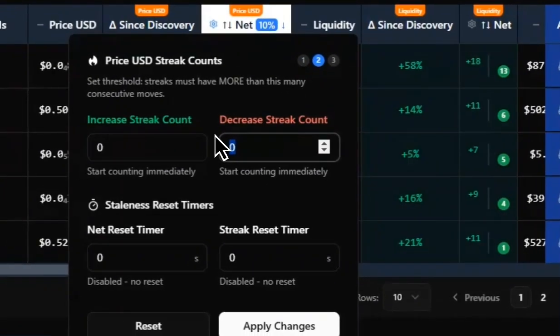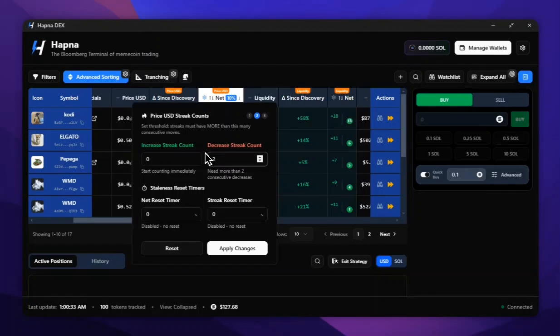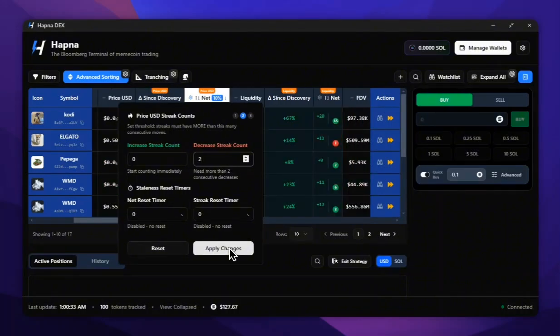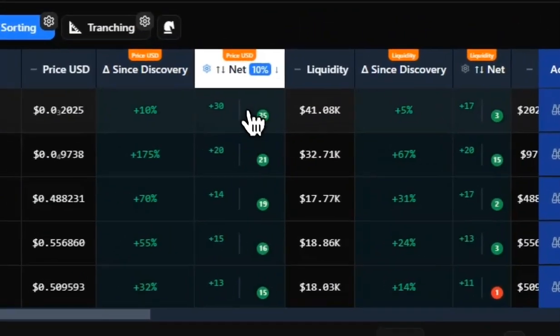If I come here and I put 2, this tells the system that, okay, if there is a decrease less than 2, do not change the direction. Keep the last increase value. But if it's more than 2 consecutive decreases, then you have the right to switch the direction into a negative or a decrease direction. The decrease direction, of course, is portrayed using a red badge.